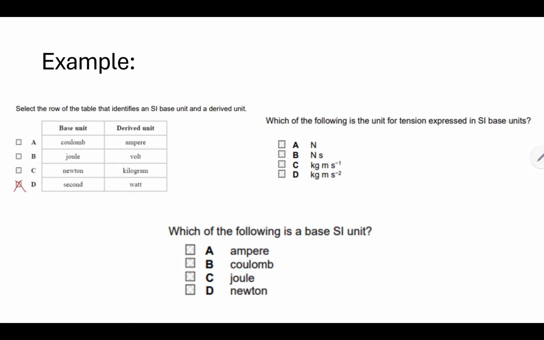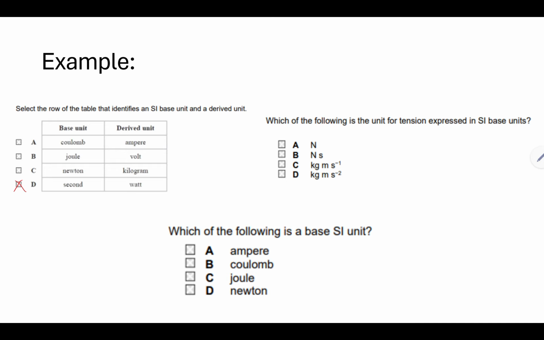derived unit column as well. So in the A row, we have ampere, and ampere is an SI base unit, which we can see from the table previously, as it is the unit for current. So even though that's correct, that's incorrect as well, due to it being in the derived unit column. So volt, a volt is a derived unit.